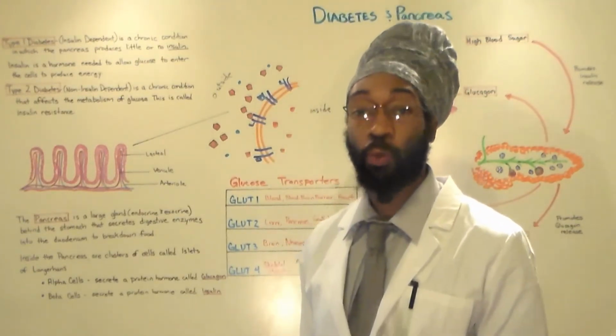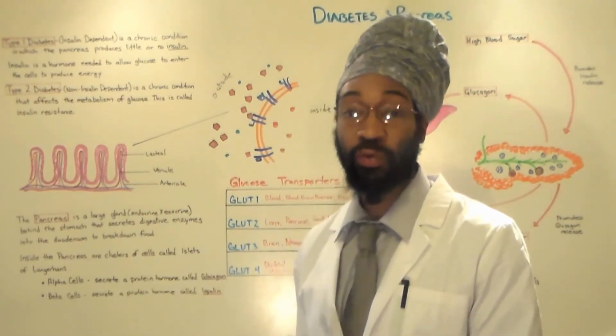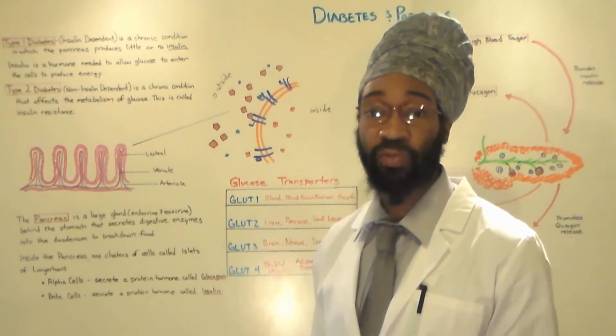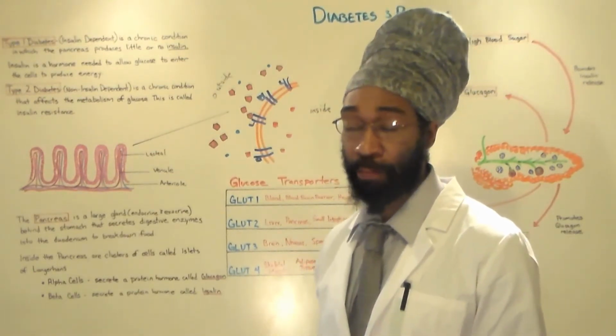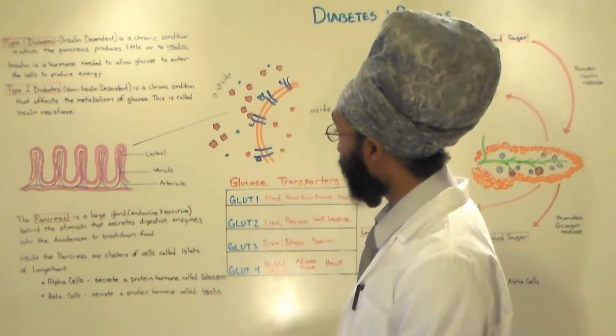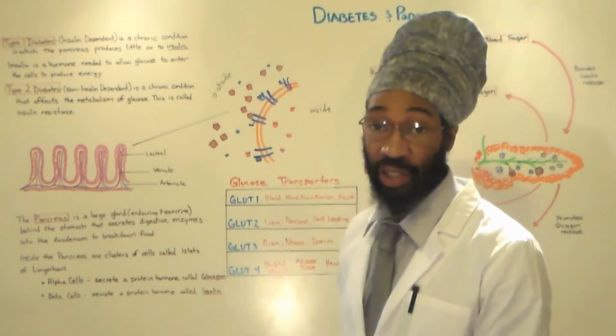But when we have a type 1 diabetic, they have to prepare before they eat. At least 20 to 30 minutes where they can take their insulin before, and then they can eat. But if they don't, then all this glucose will be floating around in the bloodstream.